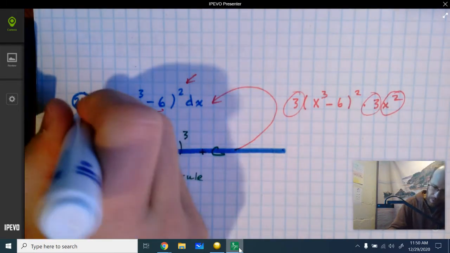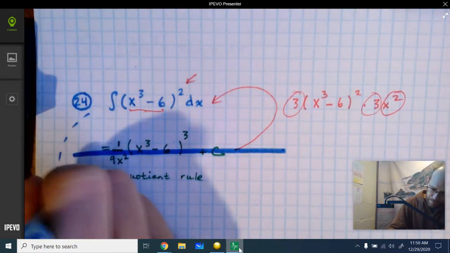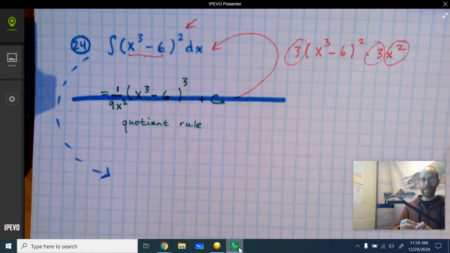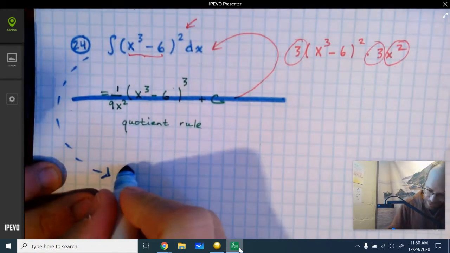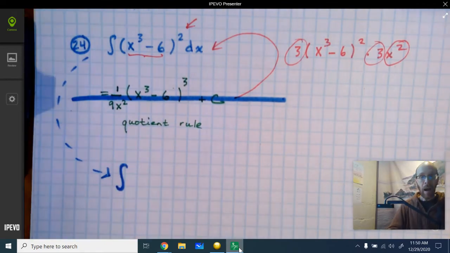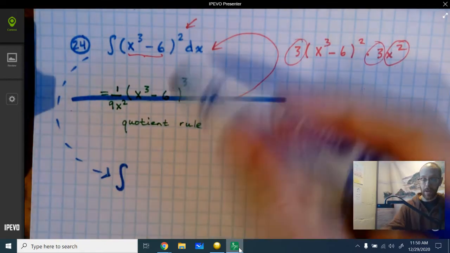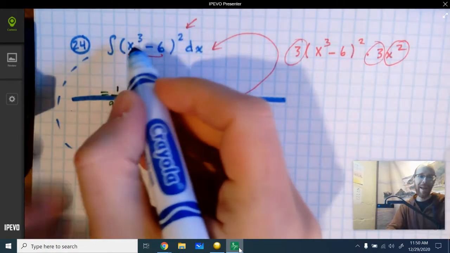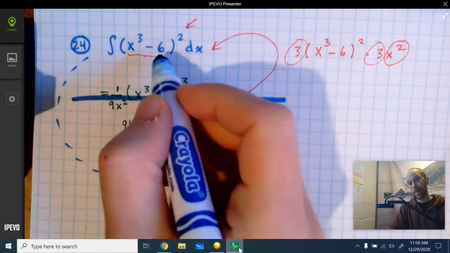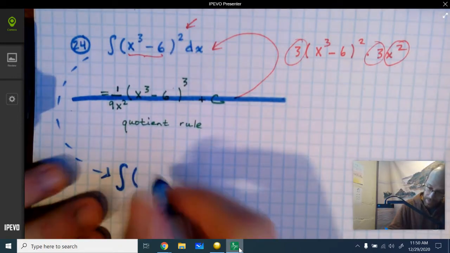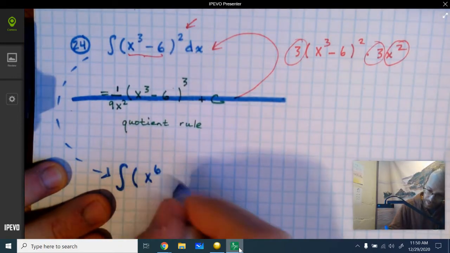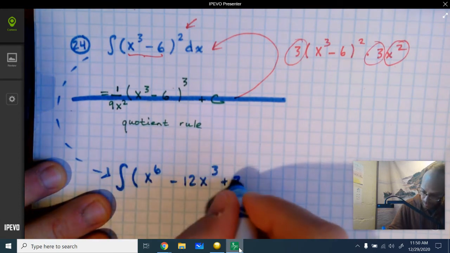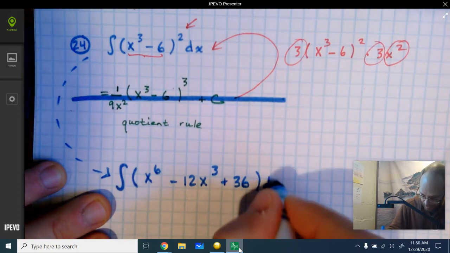It turns out that this one, you actually have to change the inside function first by expanding it. And you'll know to do this because the chain rule approach won't work. So if you expand (x to the 3rd minus 6) squared, you're going to get something that looks like this. x to the 6th minus 12x to the 3rd plus 36 dx.